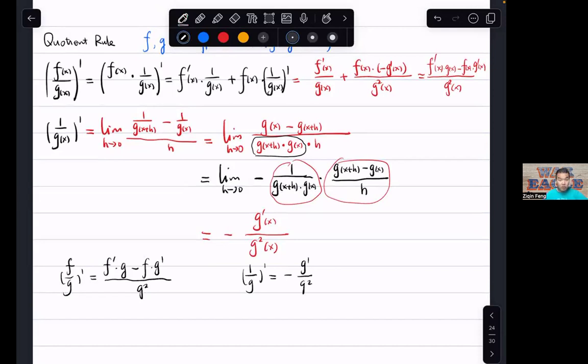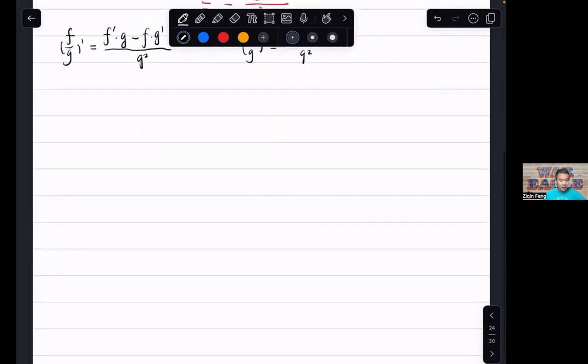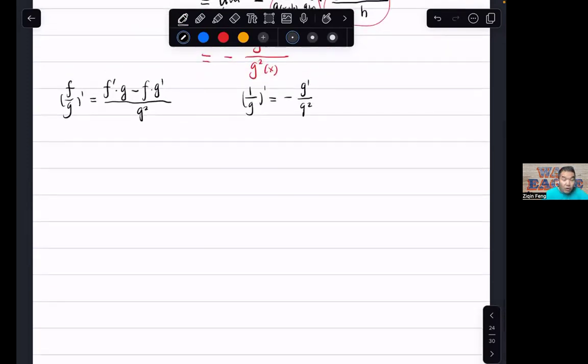This is our quotient rule, and the reciprocal rule allows us to differentiate the reciprocal of a given function. Now let's see a couple of examples on how to differentiate functions using all the rules we have.